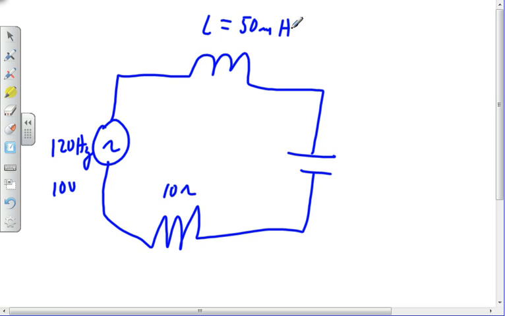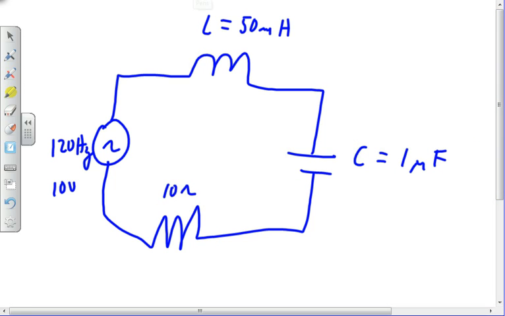That looks good. And then my capacitance, we're going to go with 1 microfarad, just to have something to go with.